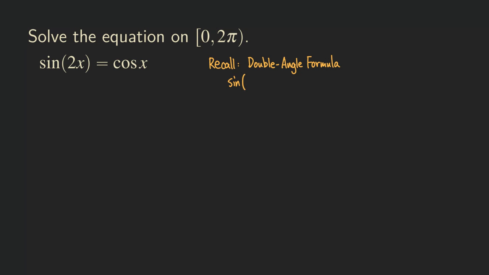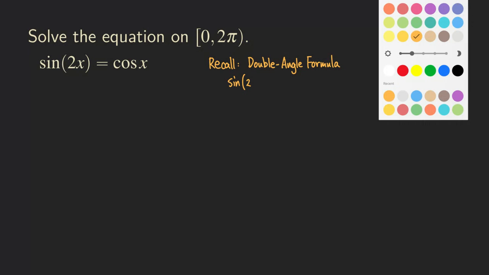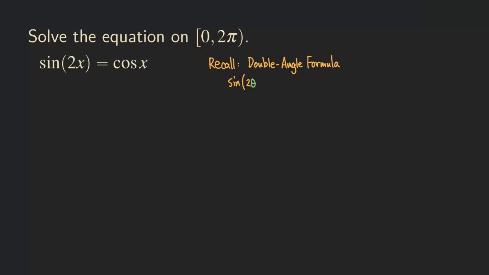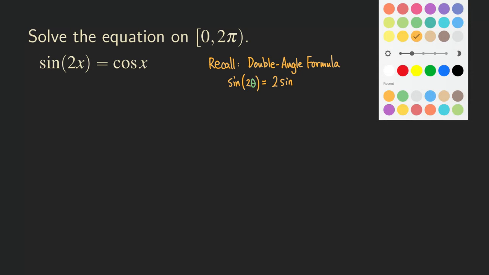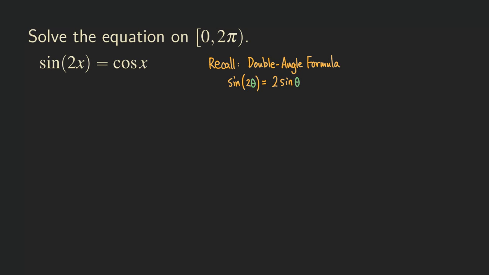It would be sine of 2 theta. So we have the sine of 2 theta. That's equal to 2 sine theta and then cosine theta.